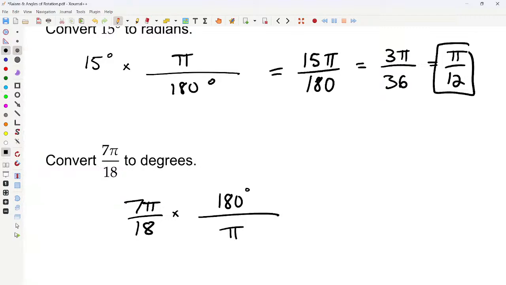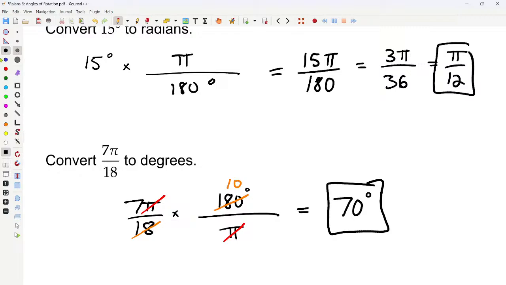And I'm going to work smarter, not harder. Pi's definitely going to cancel out in my final answer. 18 goes into itself once and into this number 10 times. So instead of making bigger numbers, I'm going to cancel before I actually multiply. And we get a value of 70 degrees.